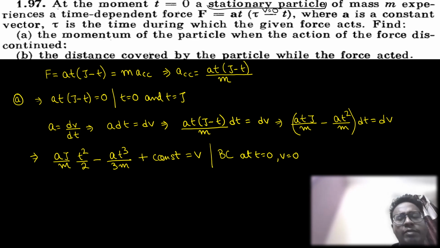Okay, some of you are confused: sir, why are you not applying the direct integral? See, direct integral and indirect integral are the same thing. In the direct integral you apply the limits, in the indirect integral you add a constant and apply some boundary condition to find the value of that constant.